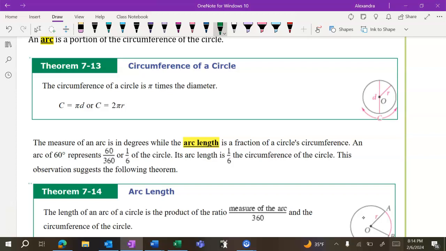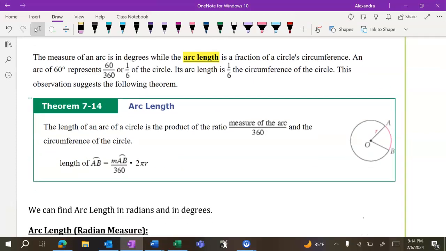So I'm trying to find the arc length that is 1/6 of my circle. The equation we're looking for is our angle divided by 360 times 2 pi r. So let's say this was 60 degrees, and let's say we had a radius of 4.